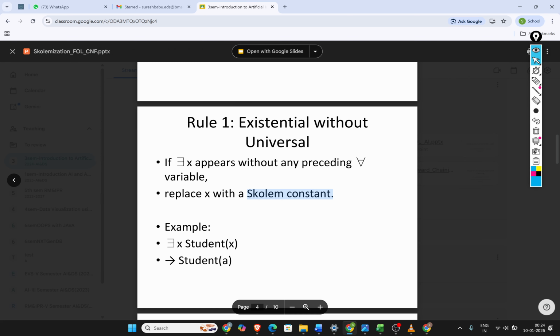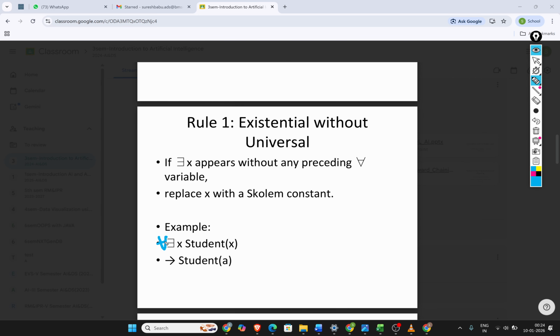So what is happening here? There exists x where x is a student. There is no universal quantifier over here. If there were a universal quantifier, we would have to move to a Skolem function, but we do not have any universal quantifier before that. So we can simply replace this x with a.